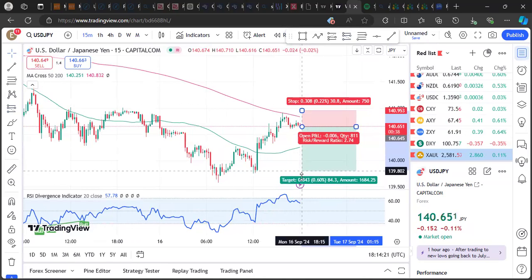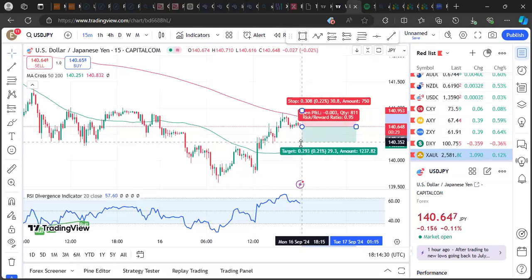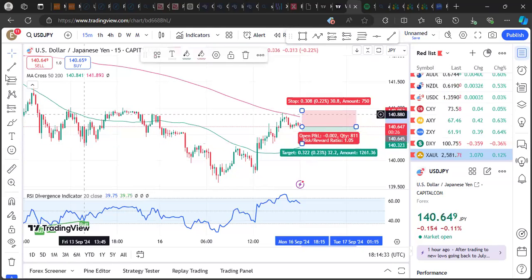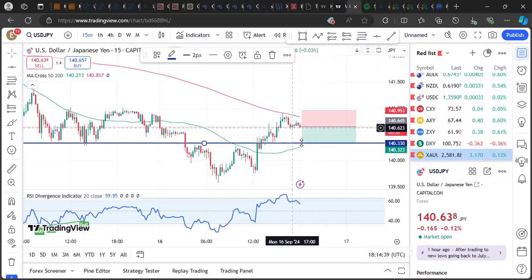But the maximum I do is 3-to-1. So when you get to 1-to-1, somewhere around here, you can actually decide to break even at this level, because that's 1-to-1 risk to reward.